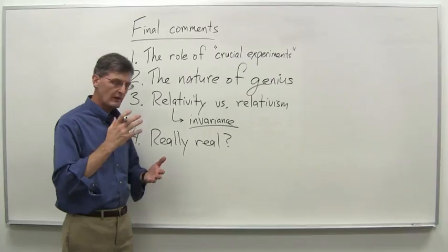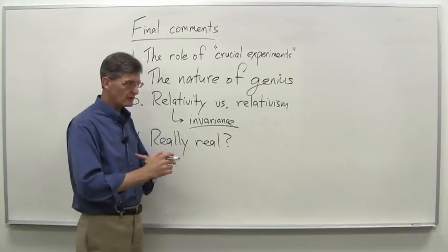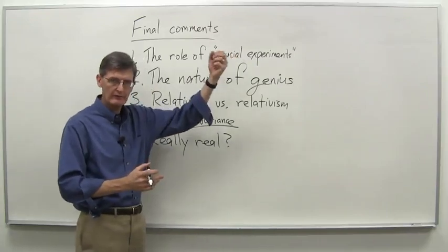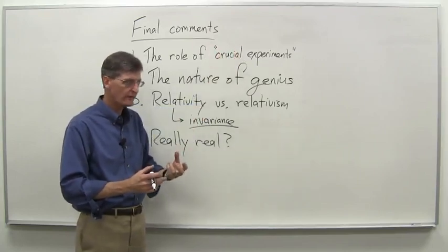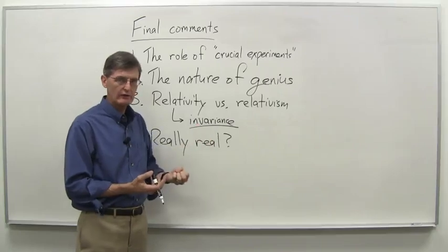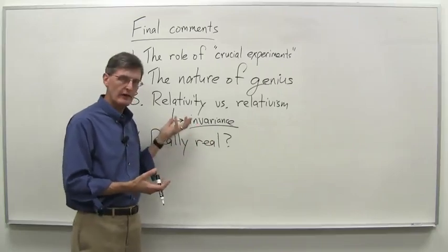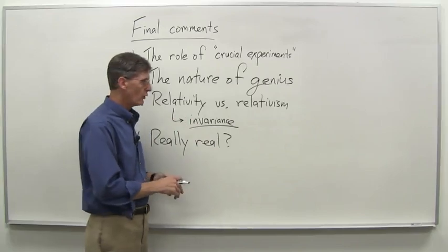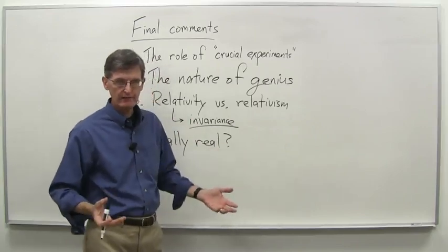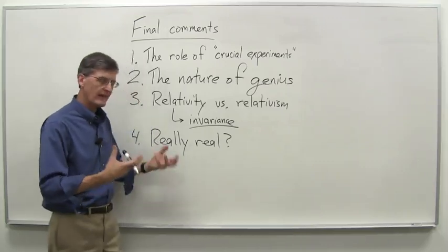We talked about the case of the muon coming down from being created by cosmic rays in the upper atmosphere and then getting down to the surface of the Earth. You can't explain how they get down here, given such a short lifetime, without the special theory of relativity. Or the GPS navigational system, you can't explain how that works.